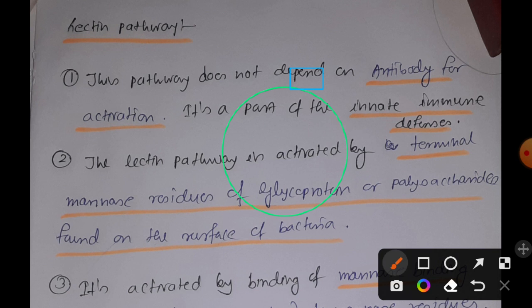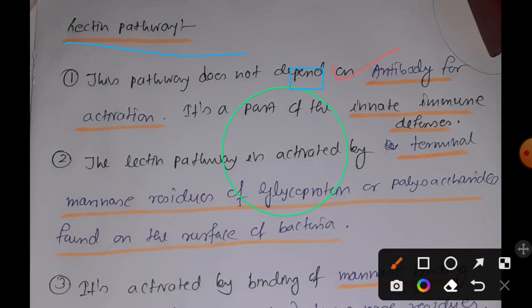That means any bacteria that contain glycoprotein or polysaccharide with terminal mannose residue on their surface can be destroyed by the lectin pathway. So that is the thing.